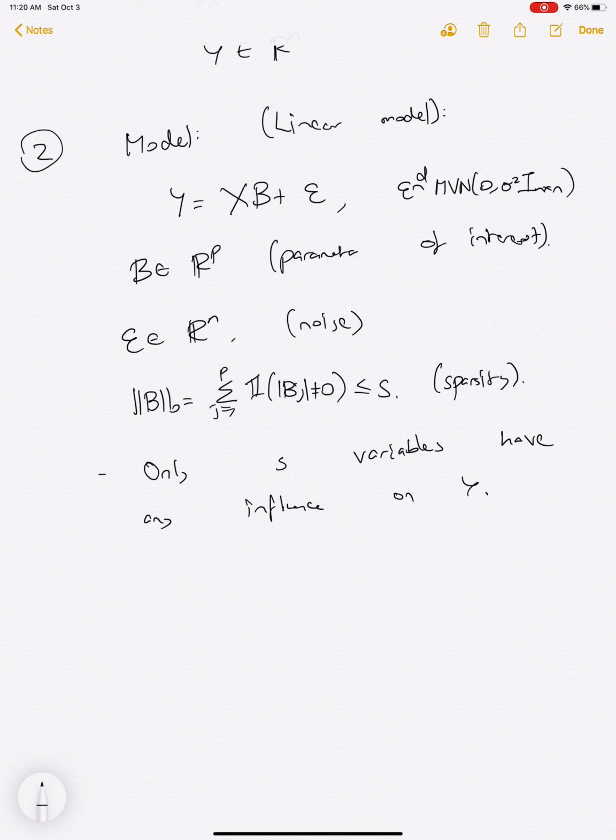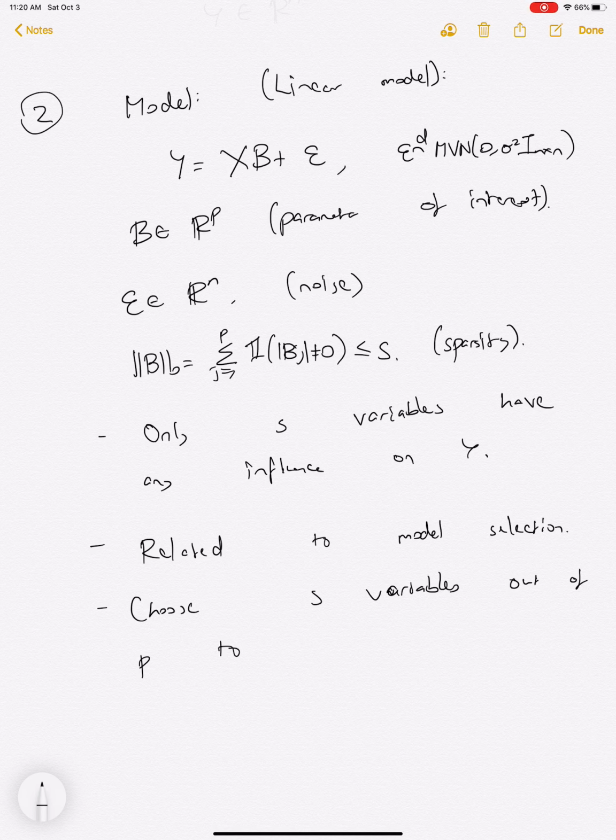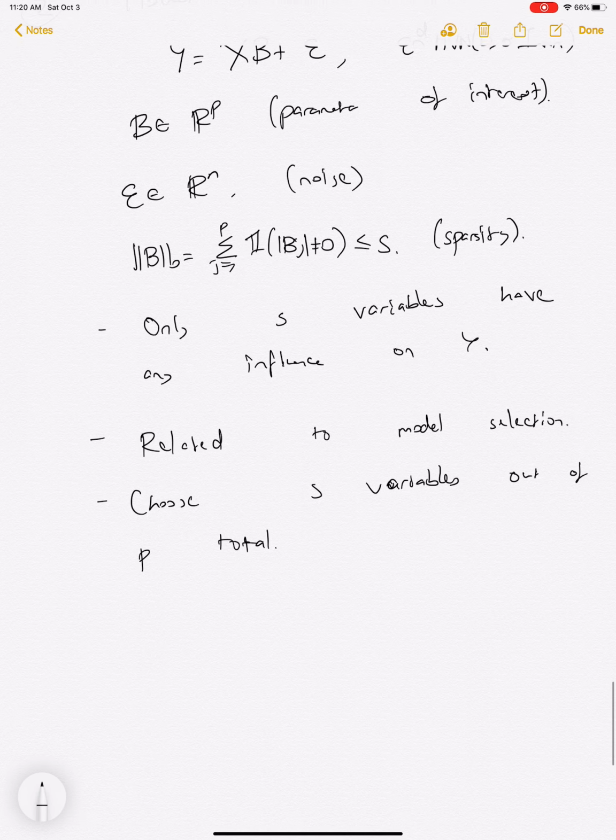So we're saying that even though we have p variables, only up to S influence y, but we don't know what they are. As I mentioned in the previous lecture, this is related to model selection: choose the S variables out of p total. There are ways to do it, and we focus on the lasso.